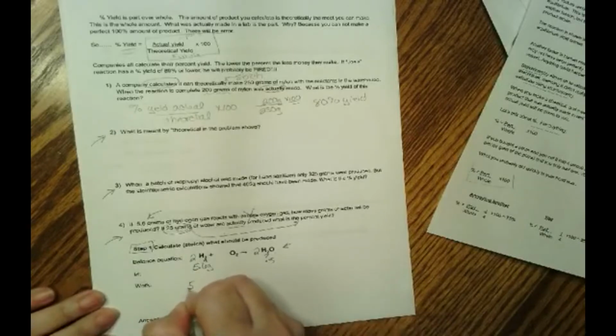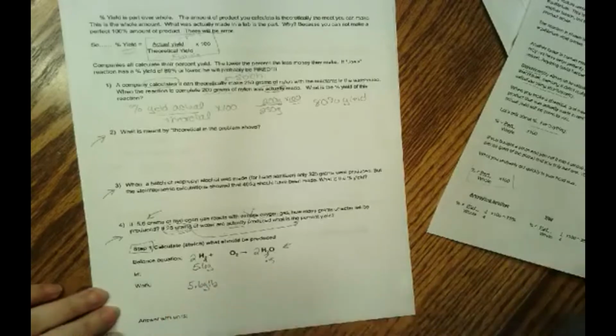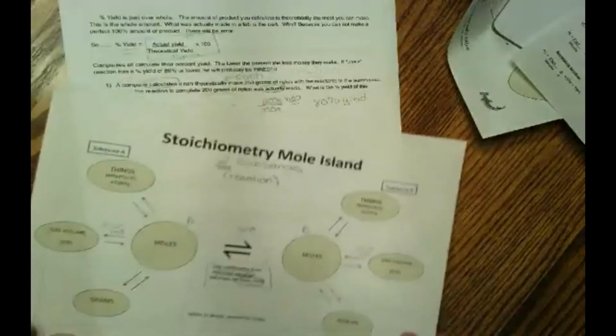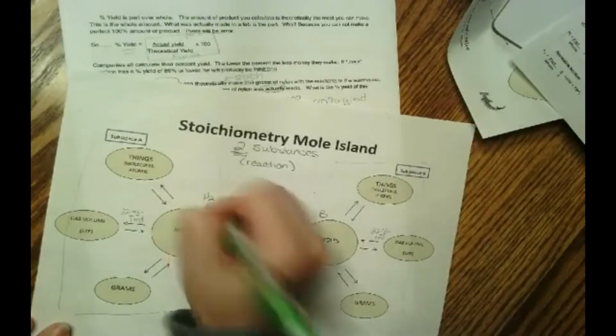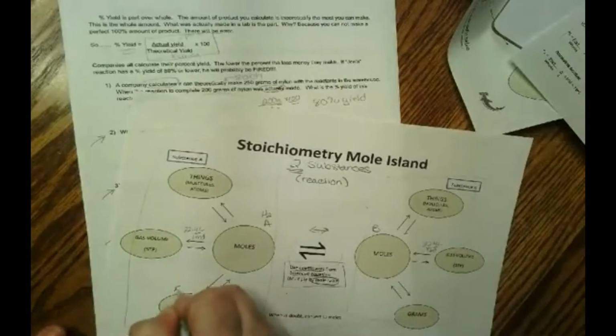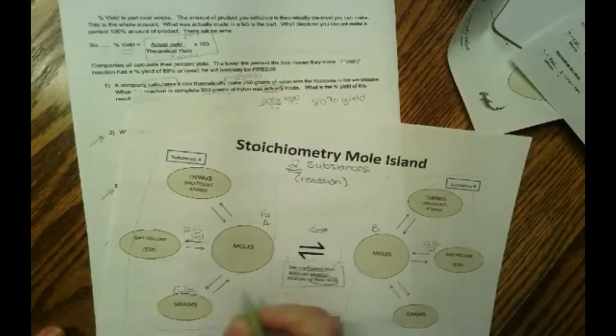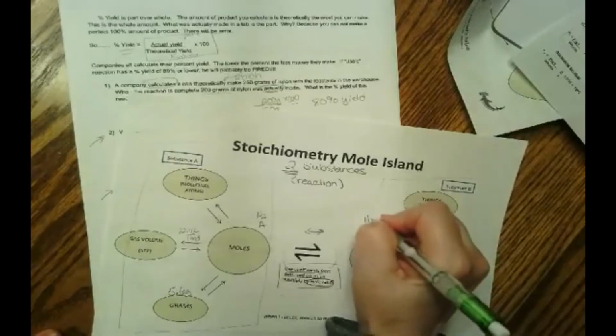We have 5.6 grams of hydrogen gas. Okay, so, and I need to find water. So my substance A here is hydrogen gas. And I'm starting with 5.6 grams. Okay? And then what do they want me to find out? How many grams of water will I produce, which makes B water.